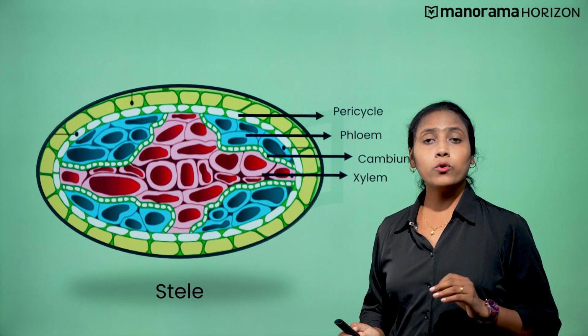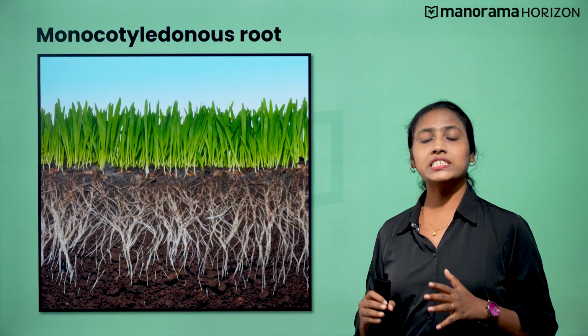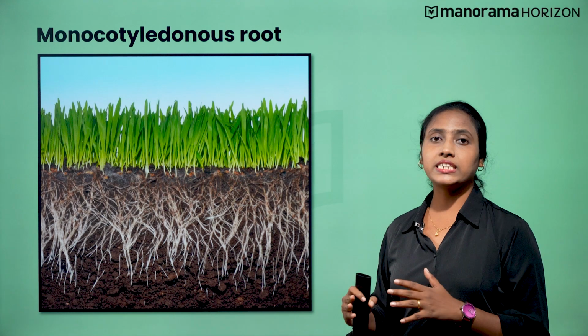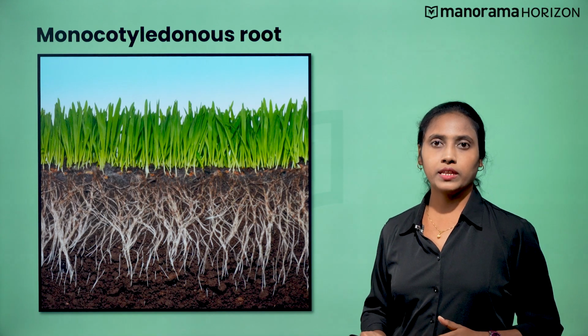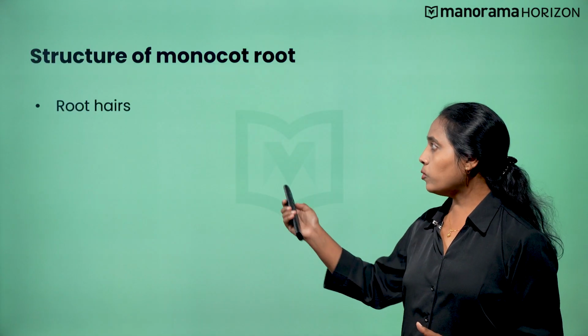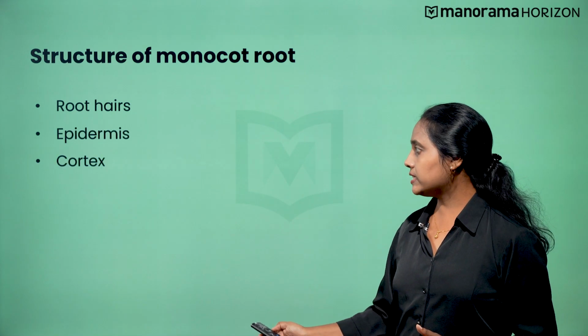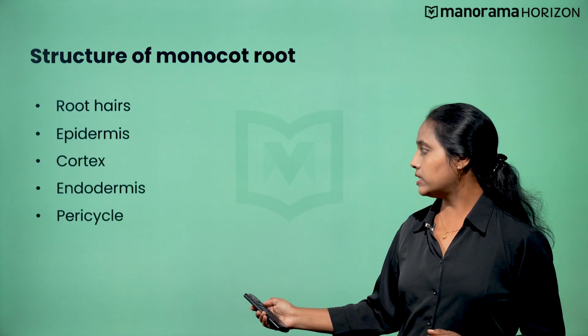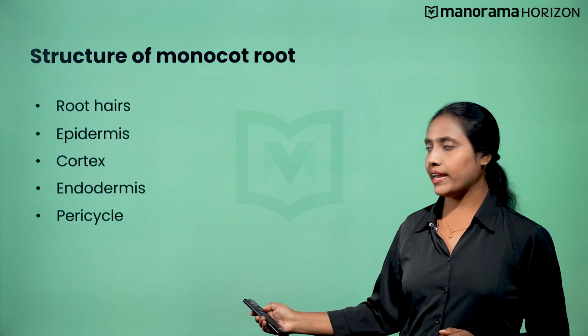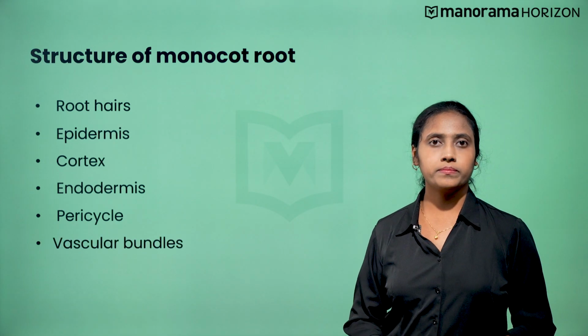Well, monocotyledonous roots have a similar structure to dicotyledonous roots. They have root hairs, epidermis, cortex, endodermis, pericycle and vascular bundles.